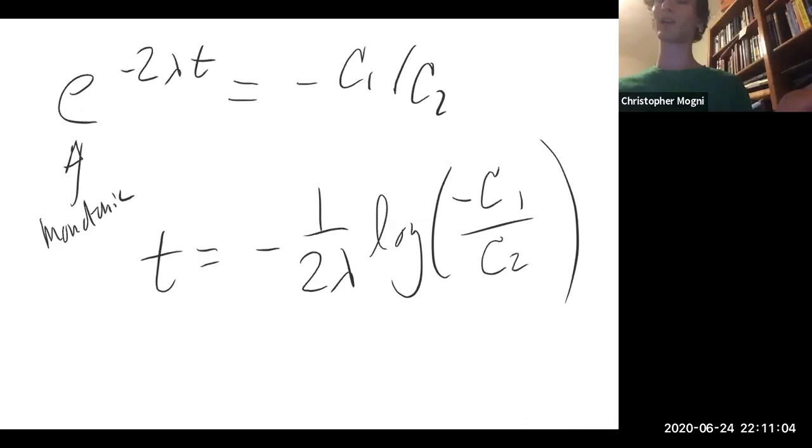And again, depending on which time we pick to start the evolution, we may or may not actually go through this time to see that x gets a 0. And if minus c1 over c2 is negative, then there just won't be a solution.